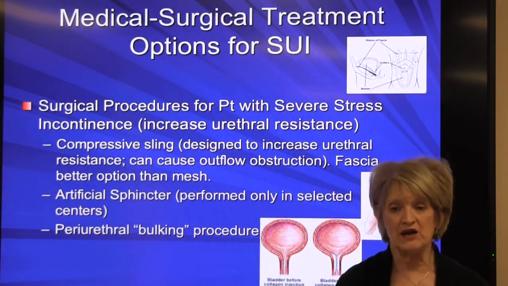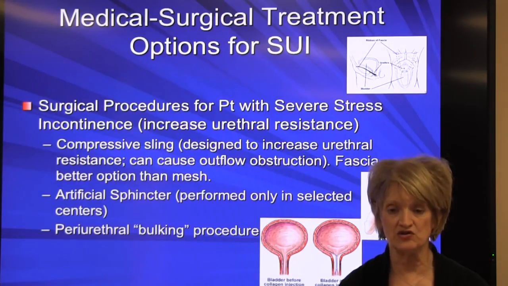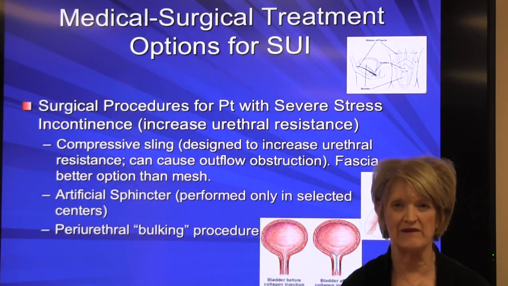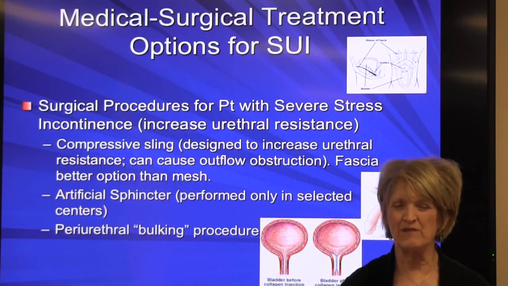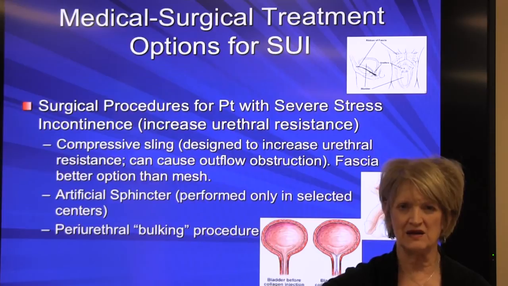Now, what about a patient who has severe stress incontinence because they have a denervated or damaged sphincter? For that patient, doing a tension-free tape procedure probably would not give them continence, because you need more than stabilization.